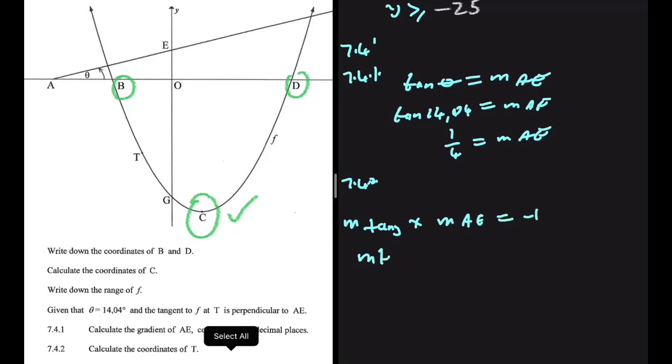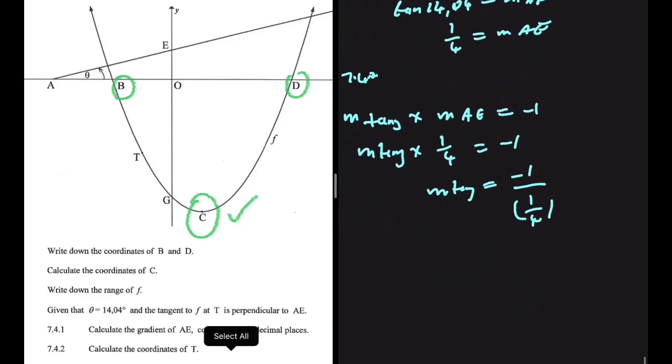So the gradient of the tangent multiplied by 1 divided by 4 equals minus 1. So the gradient of the tangent will be minus 1 divided by 1 divided by 4. If you solve that, you should get minus 4 as the gradient of our tangent.